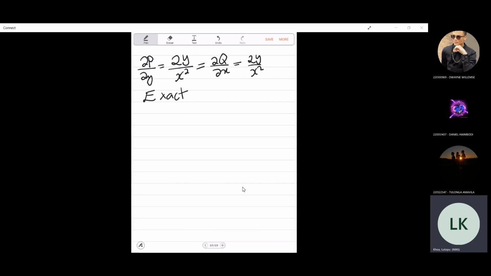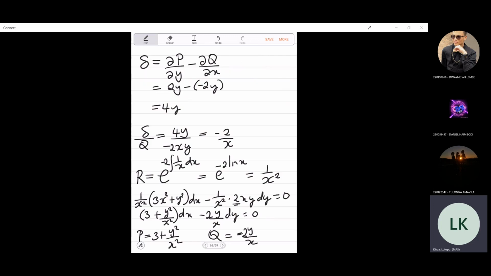So now that we have an exact differential equation, we proceed as we have always done. Either you will integrate p with respect to x or q with respect to y. So here again, I think it's easier to integrate q with respect to y than that one. Not that much easier, but anyway, that's my preference.